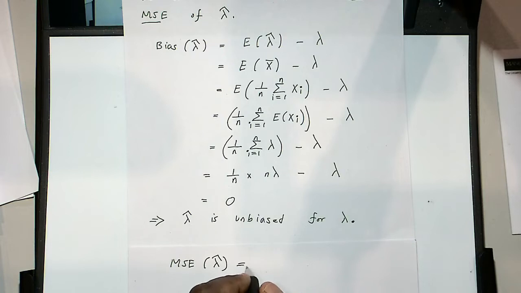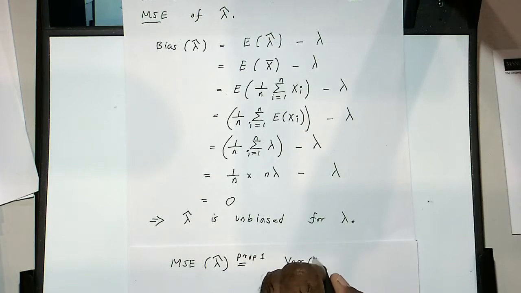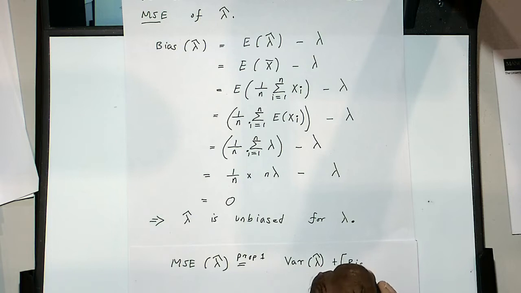So to do this, I'm going to use the first property I showed you, which is the MSE can be written as, using property 1, the variance plus the square of the bias.